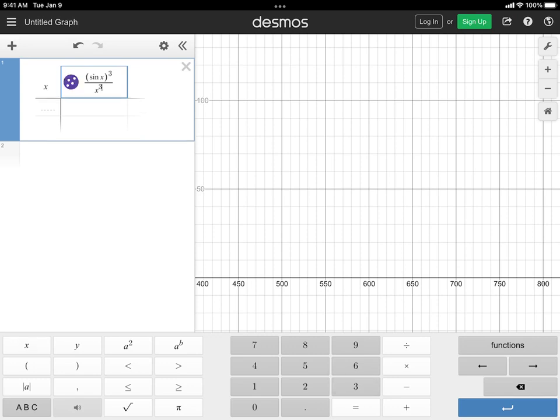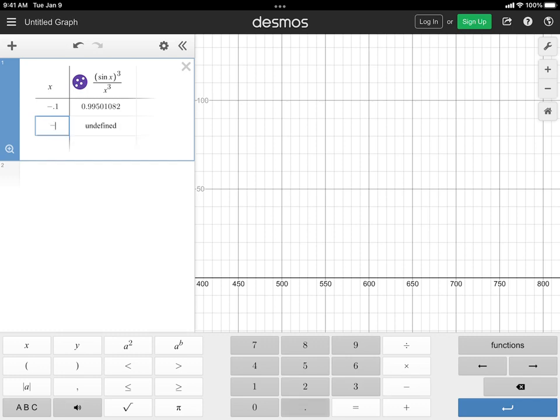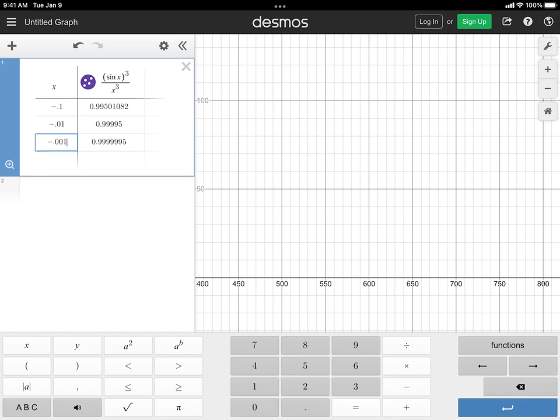Alright. So now my x values, I'm getting close to 0, so I have negative 0.1 followed by negative 0.01 followed by negative 0.001, even closer to 0. And then I'm on the other side of 0, on the right side, at 0.001, 0.01, and finally 0.1.